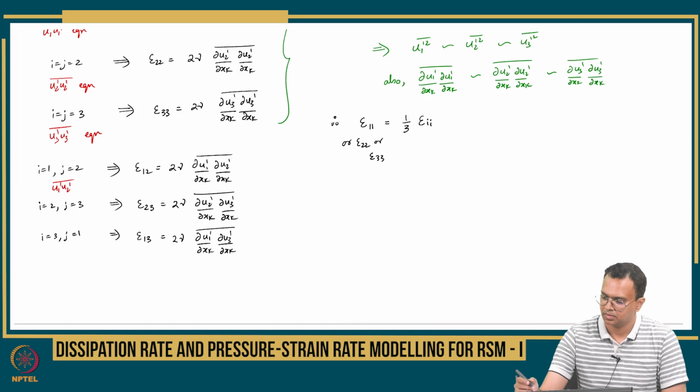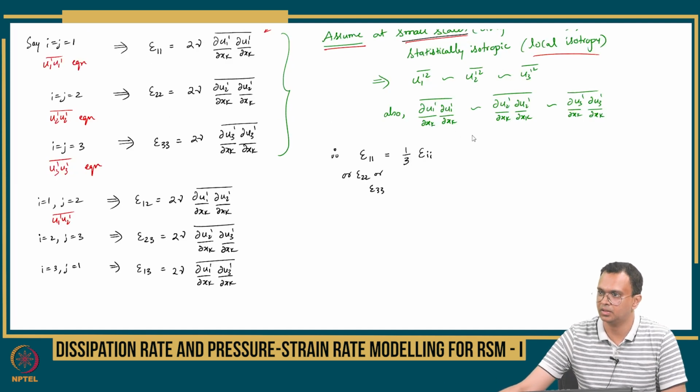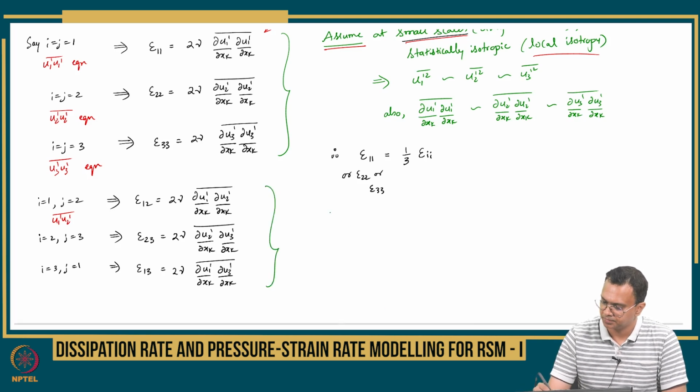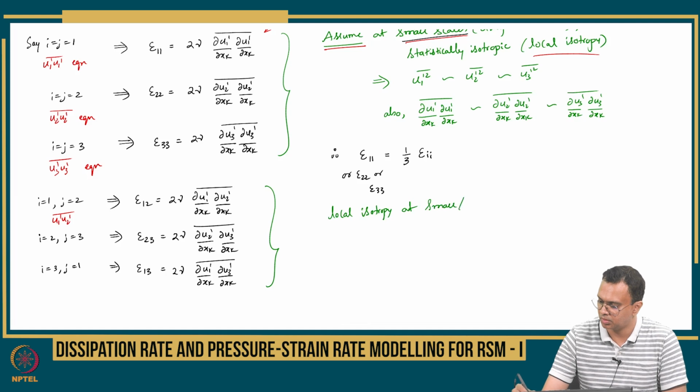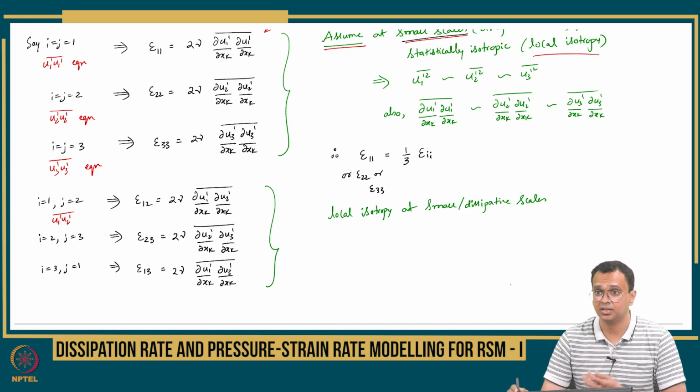All right. So now, when there is statistical isotropy at these small scales, the local isotropy condition, what will happen to the shear stress? Here again, local isotropy at small or dissipative scales. We are assuming here that the small scales are causing the dissipation, not the large scales or intermediate scales.